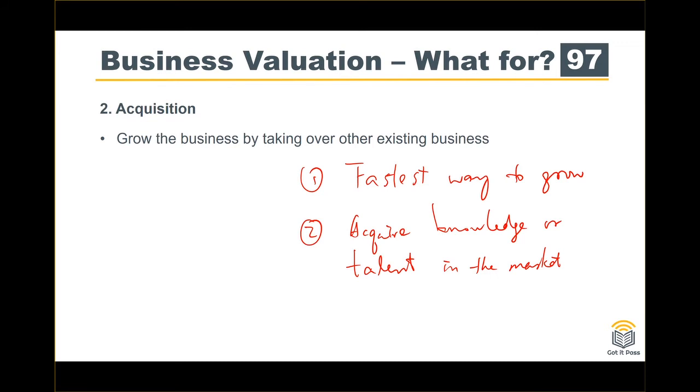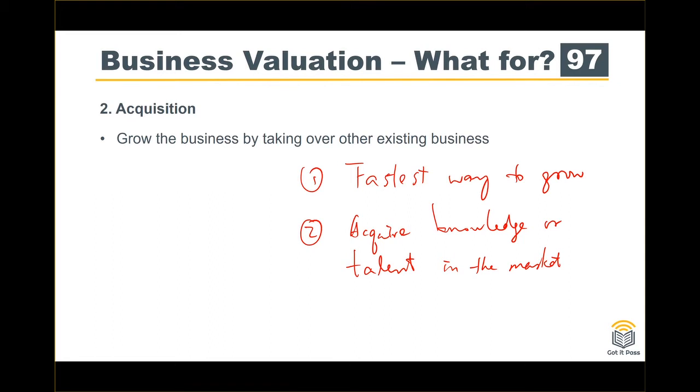Why would a company want an acquisition in order to grow? Because it is the fastest way to grow. You only pay for it, and then your capacity will be increased just overnight. The other advantage of acquisition is you can acquire the knowledge or the talent in the market.